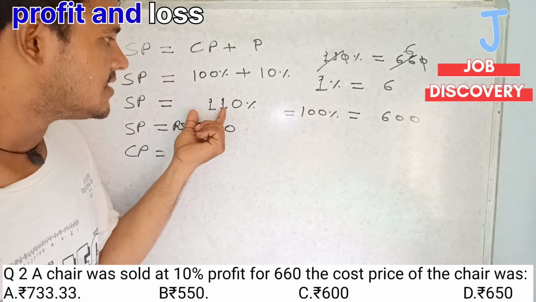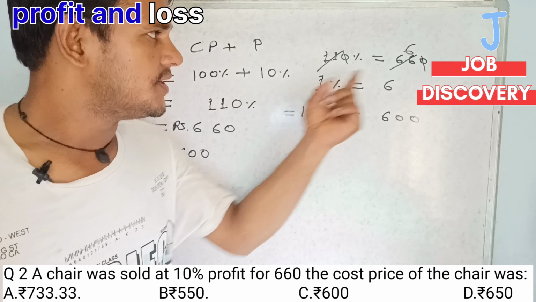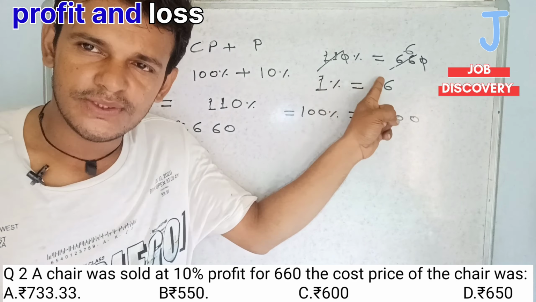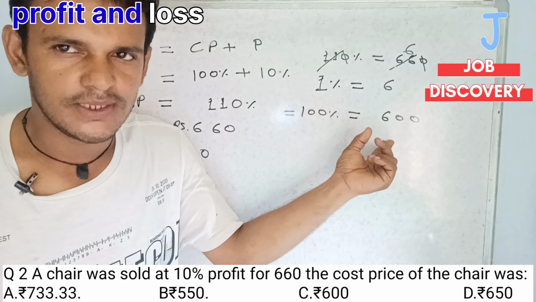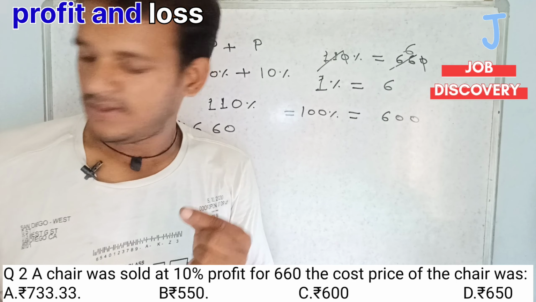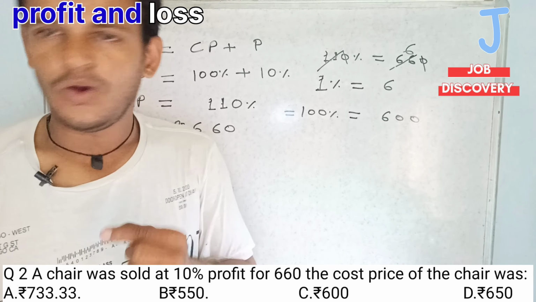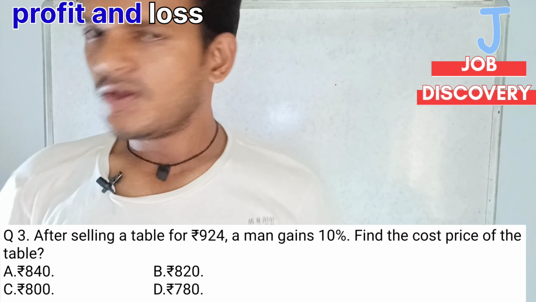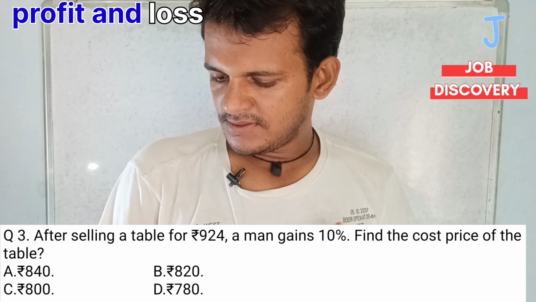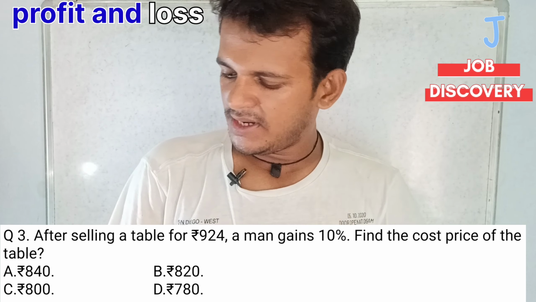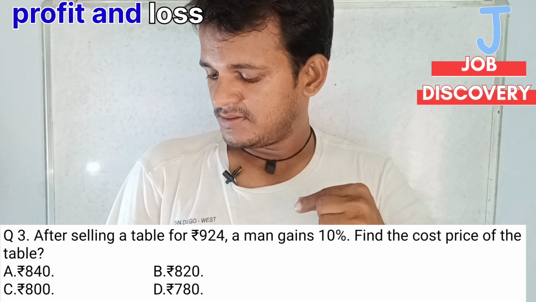So 110% is equal to 660. 1% will be 6. So 100% will be 600. So our answer is 600. Which option? Option C is the correct answer. Move to next question.